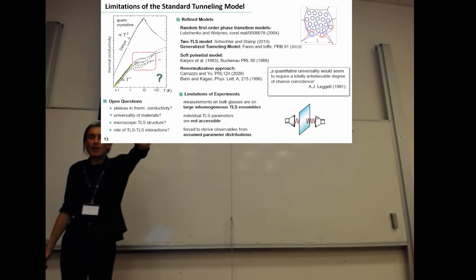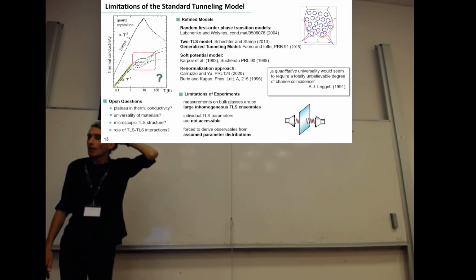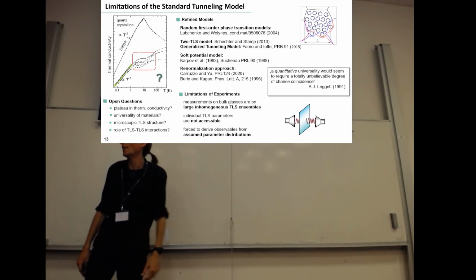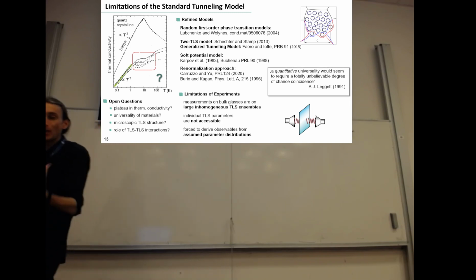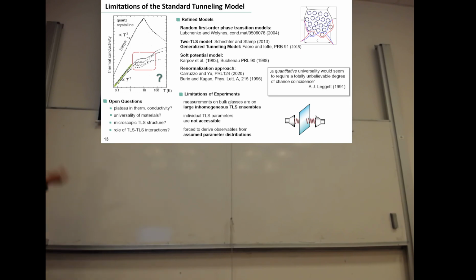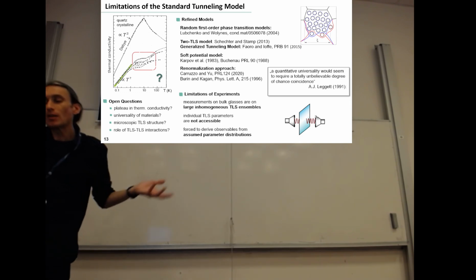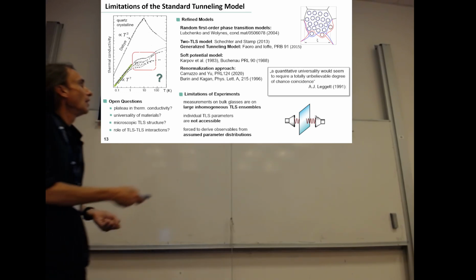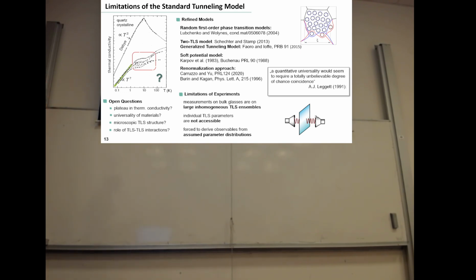So there are also limitations of experiments. Until maybe 20 years ago or so, people could not measure TLS individually. So you were just relying on these bulk experiments using really a piece of glass, a bulk thing, and then you of course measure only the response of this large and inhomogeneous ensemble of TLS.